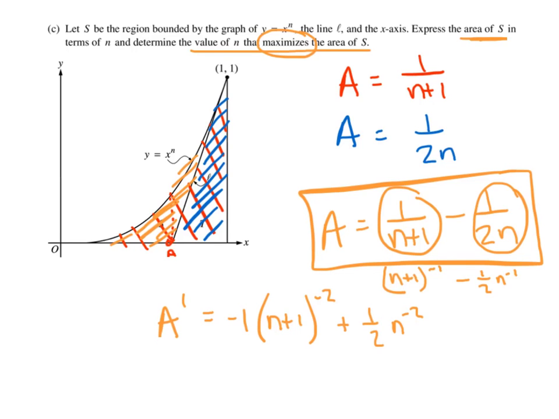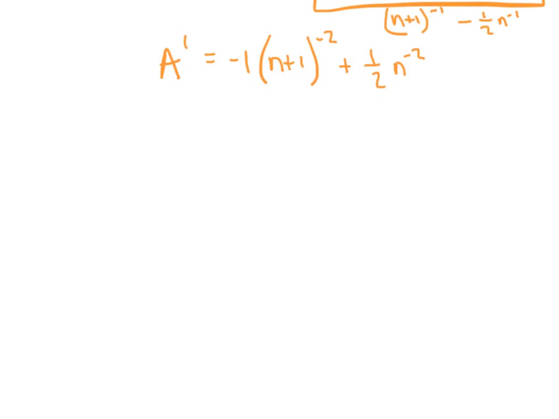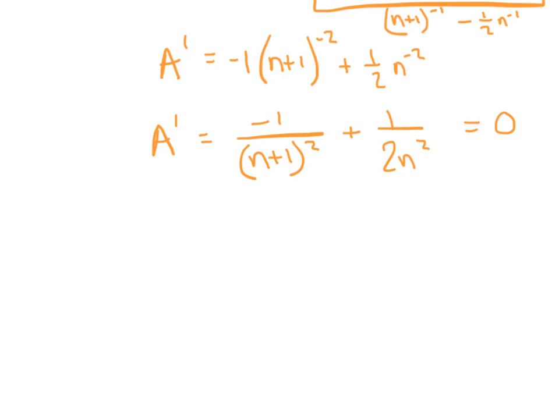Let's see if we can clean this derivative up just a little bit. So our derivative is negative 1 over n plus 1 quantity squared plus 1 over 2n squared. We're going to set it equal to 0. I've got 1 over 2n squared equals 1 over n plus 1 quantity squared. Just a lot of old-fashioned algebra right now.